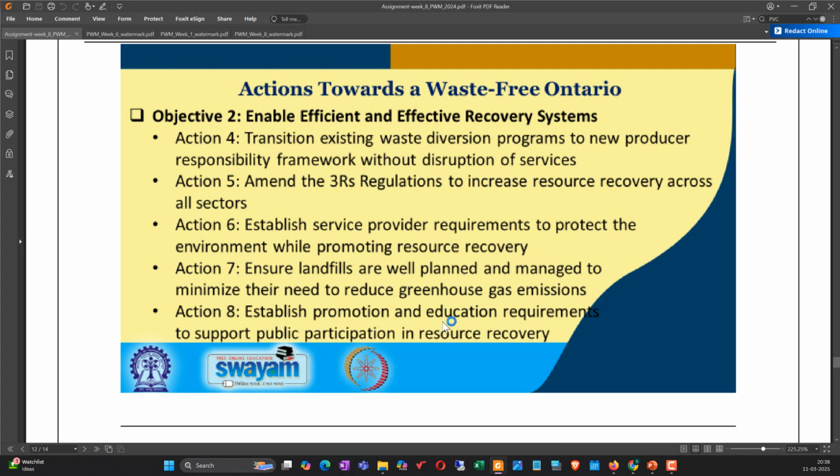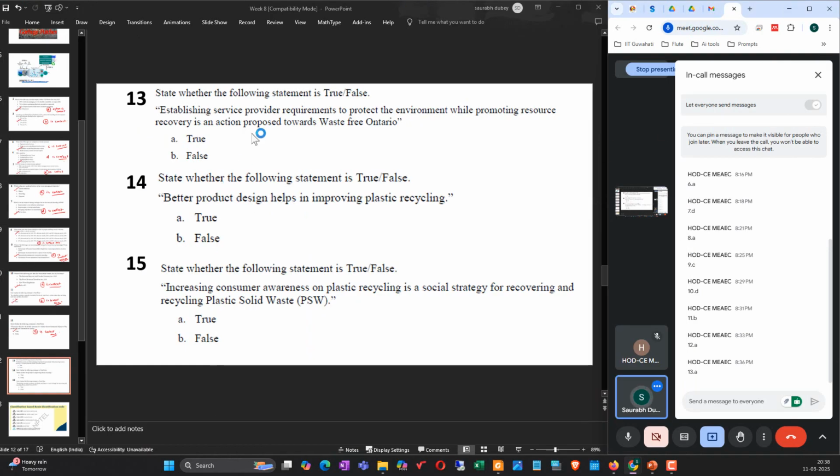And then establish promotion and education requirement to support public participation in resource recovery, which is the last. Three: resource recovery, and then landfilling, and then incineration. These three were the end management of the waste, right? So the next question is the 14th one. This one is true. Option A is correct.